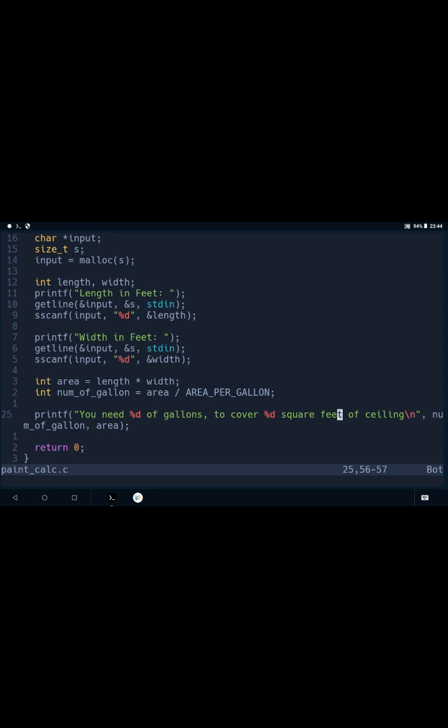If the remainder is anything greater than 0, then the number of gallons should be the quotient plus 1, which is the next whole number. But if it is 0, the number of gallons we need will just be the quotient. Let's put it to work and see.